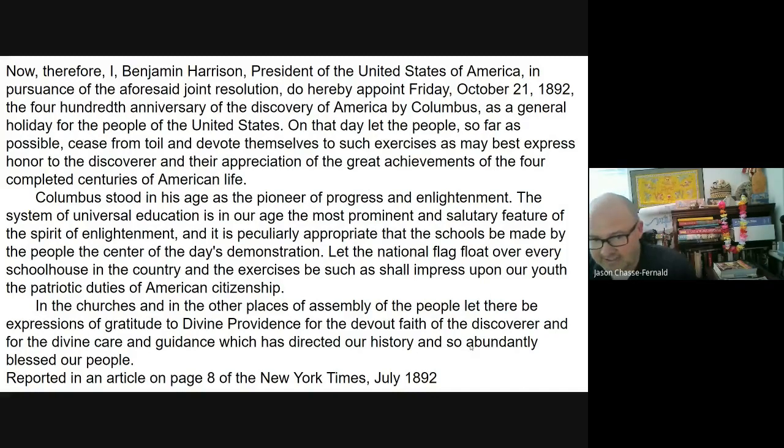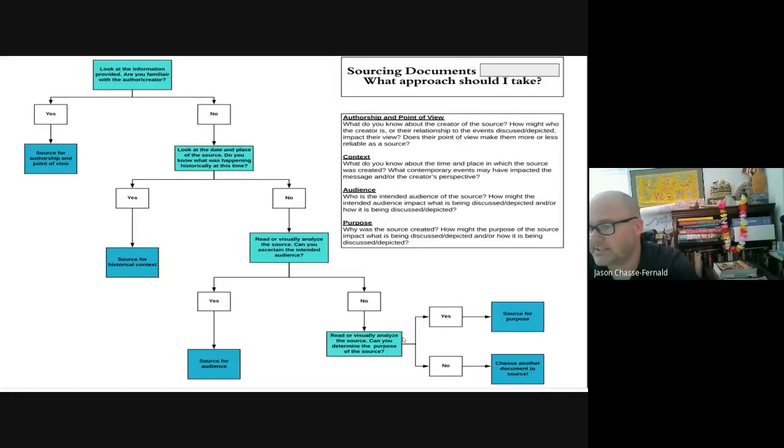One of the cohorts was freshmen in college who had taken AP US History and earned 5s on that exam. Another group was history graduate students, and another group was history professors. It was simply looking at how different people source. So that's where we left off today.